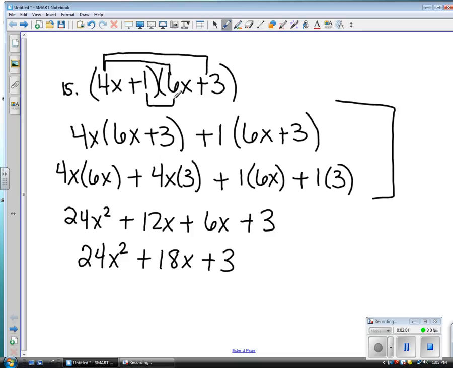Then your inside terms, which is 1 times 6x, which gave me 6x. And then your last terms, which is 1 times 3, would give you 3. And then you add the terms that are alike. So remember, these two are optional steps.